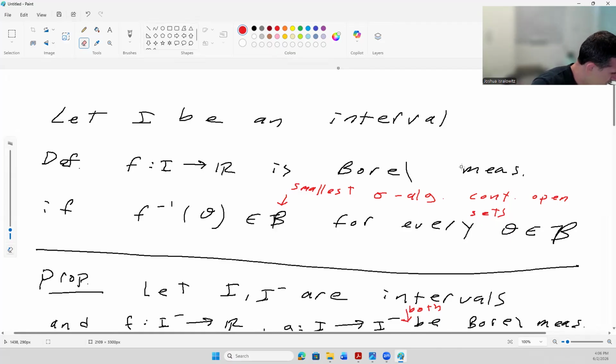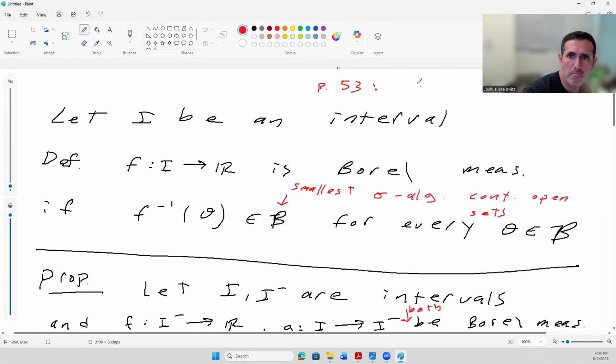I don't think it's explicitly mentioned, but I think it's implicitly proved on page 53 of Royden Fitzpatrick. I'm going to write it down.